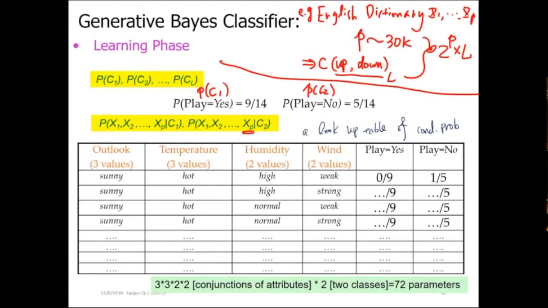It's a huge number of things to memorize, and because of this we're going to do some kind of simplification later. But still, with p smaller than 20, I think it's feasible. So just to give you a rough idea, you need to estimate this from data, and the size grows really fast when you have more features.